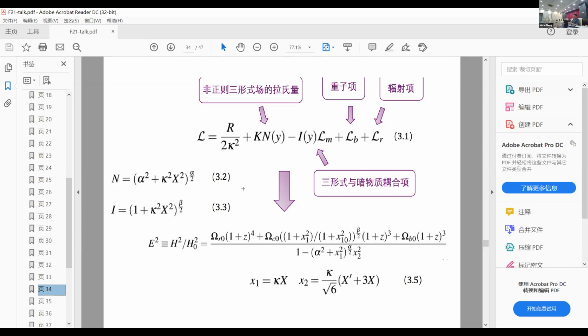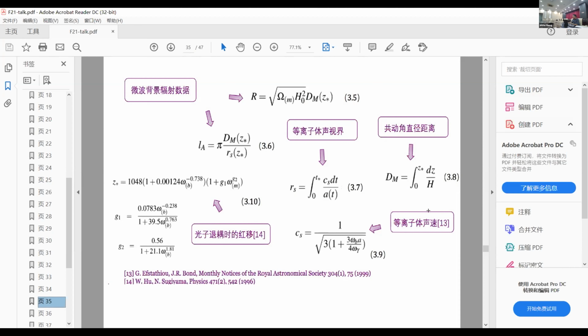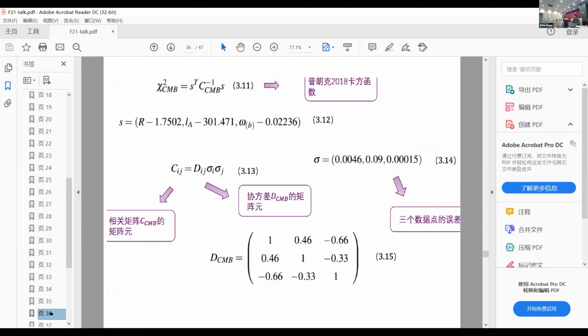We use observations from cosmology to constrain the extension parameters. So this is the CMB, and this is the BAO, the baryon acoustic oscillation data, with the sound horizon size. This is also an observation from cosmology. You can publicly get the data from Planck.